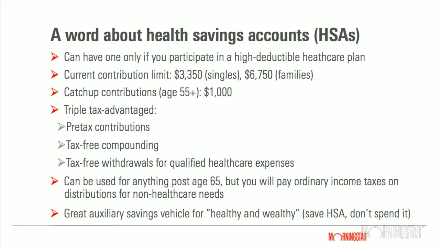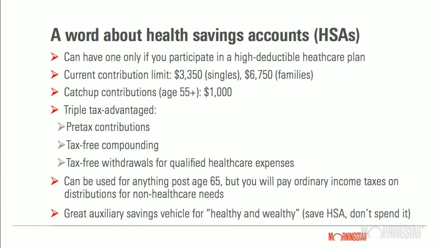So provided you are contributing to or participating in an HDHP, you are eligible to contribute to an HSA, and the contribution limits are currently $3,350 for single individuals participating in HDHPs, and it's $6,750 for people who are part of a family plan, so $6,750 in HSA contributions for folks who are participating in a family HDHP plan.